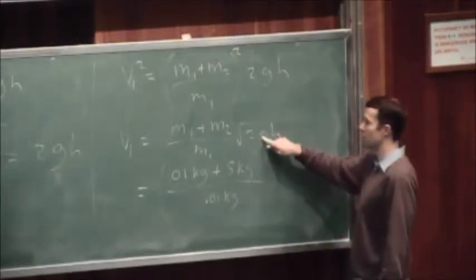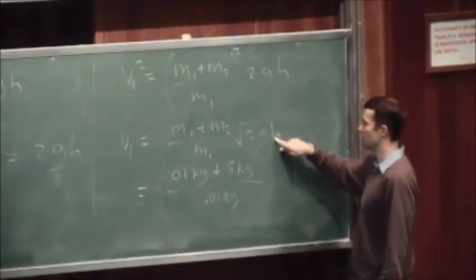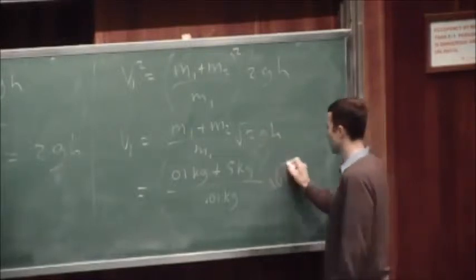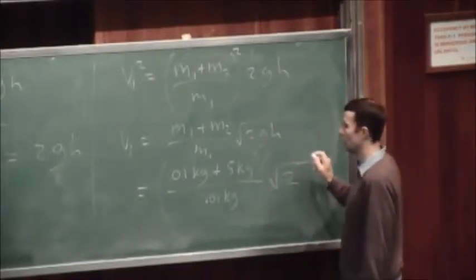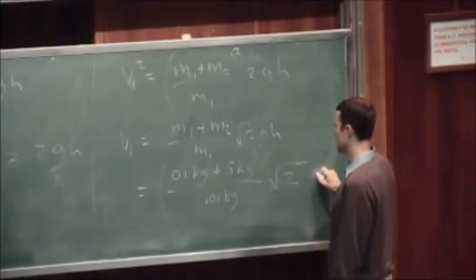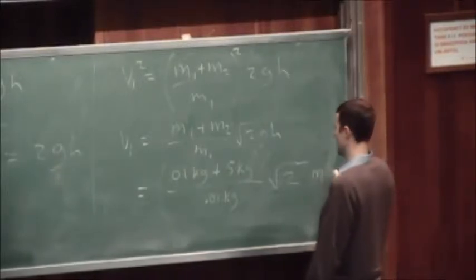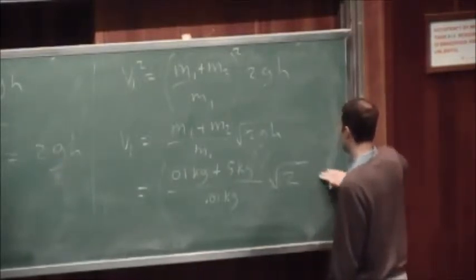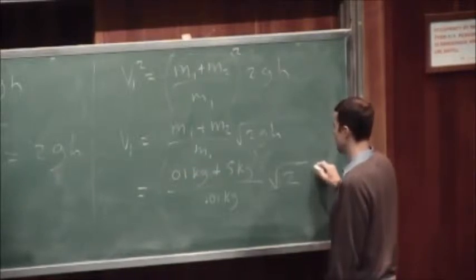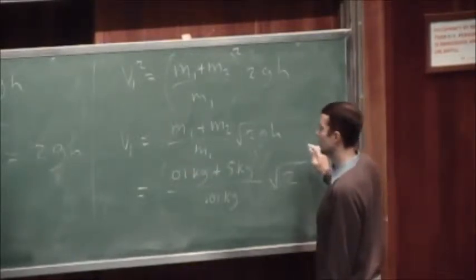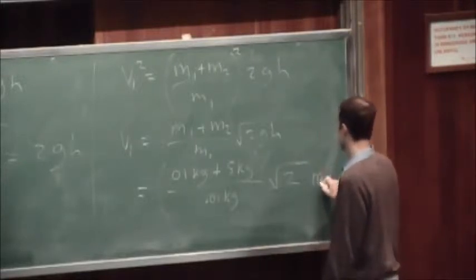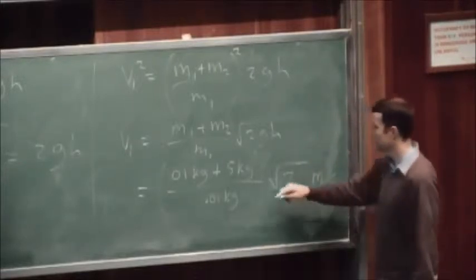I'm just going to say g is 10, h is 1/10 meters, and so I just get the square root of 2, with units of meters per second.